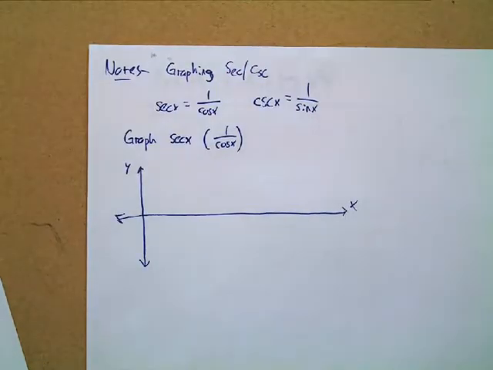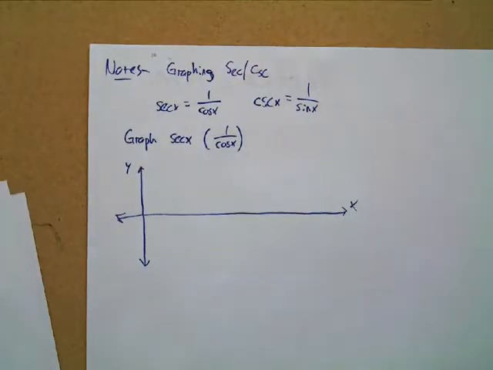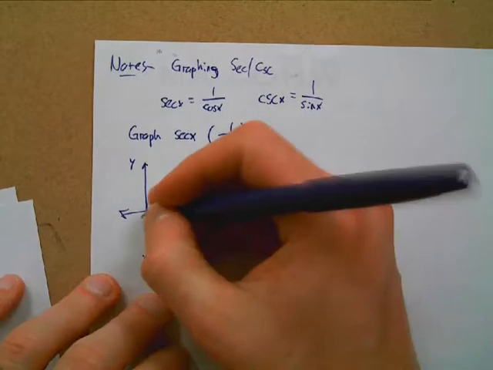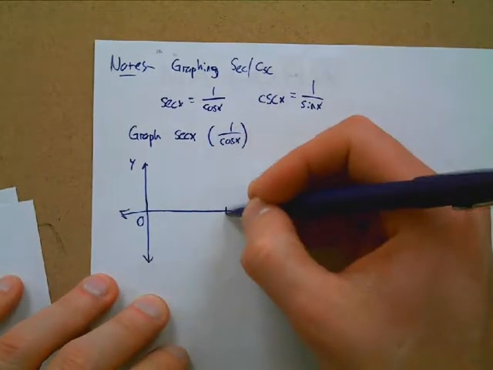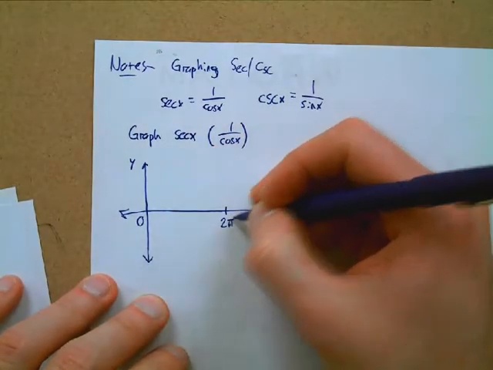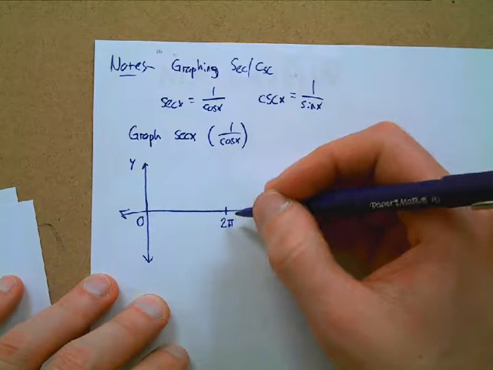So cosine, without any transformations, right? Cosine starts at 0 and goes out to 2 pi. And then another full period, then we go from 2 pi out to 4 pi.